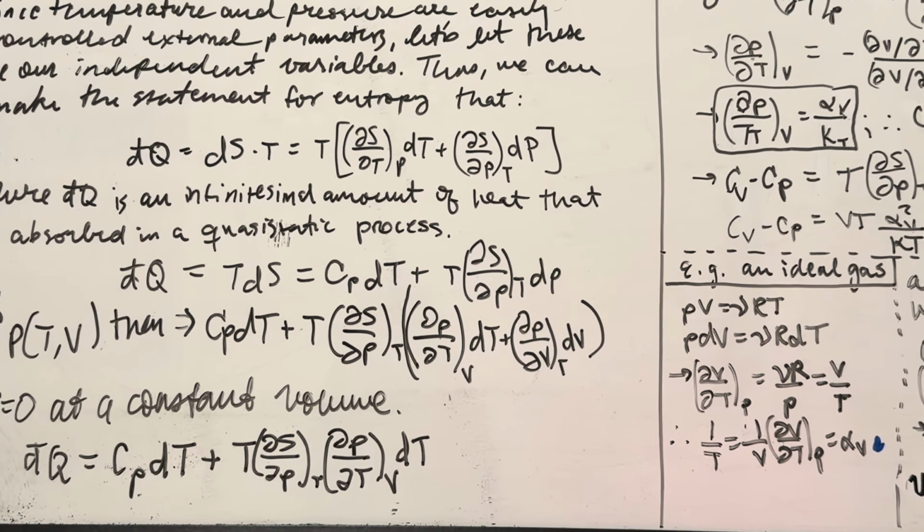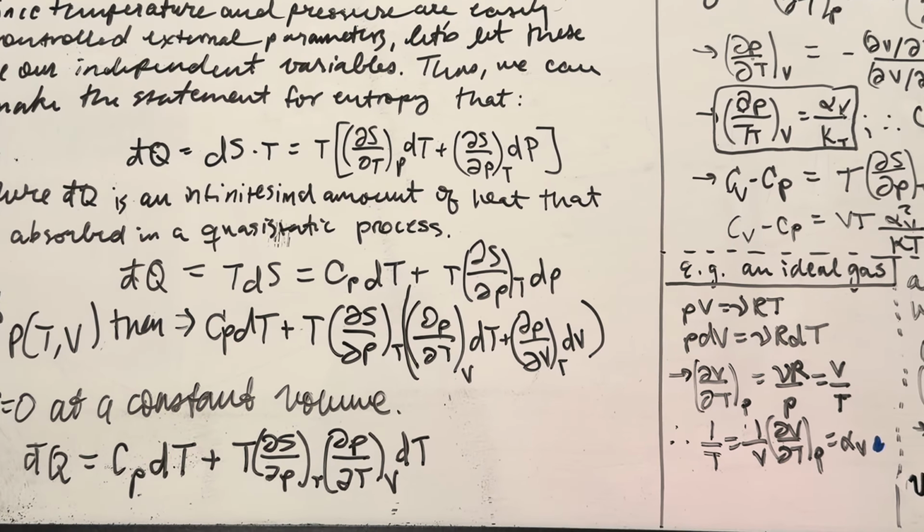And then we can just write that our change in heat, dq, is equal to our heat capacity, Cp, times some infinitesimal change in temperature, dT, plus T times our partial of entropy with respect to pressure, and our partial of pressure with respect to temperature, times some small change dT.